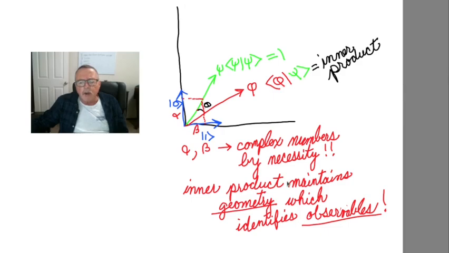The inner product will maintain the geometry, which will help us identify observables. Hey, observables, those are the things that we want to see. And this idea that we can maintain symmetry with certain operators.